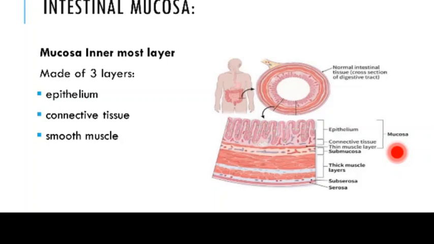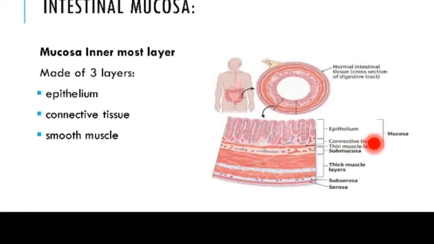It is the inner layer and consists of three layers: epithelium, connective tissue, and smooth muscle layer. In this slide you can see the folding side is the epithelium, which connects with the submucosa, and next connects with the thick muscle layer, and then the other layers are attached.